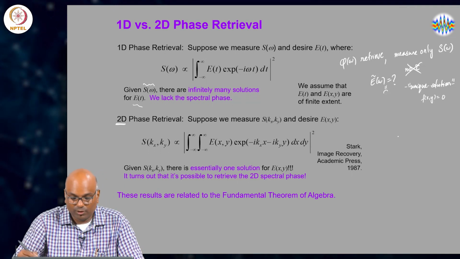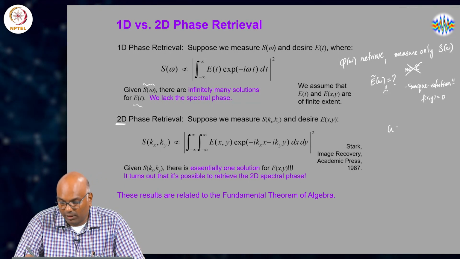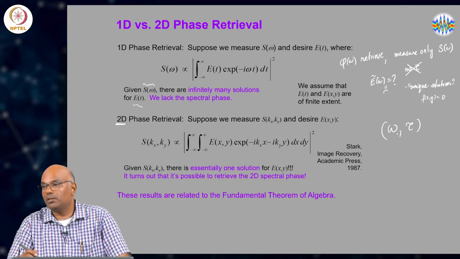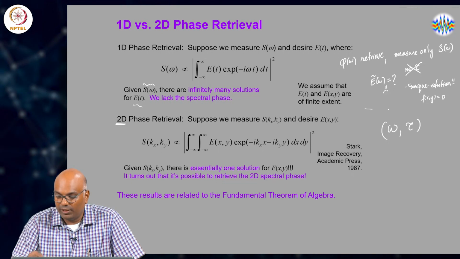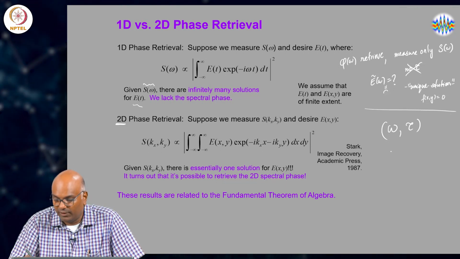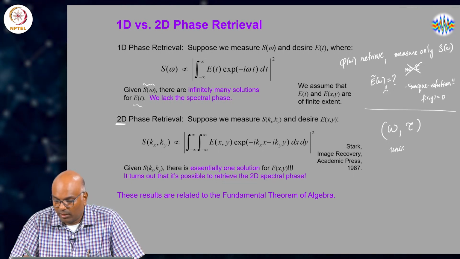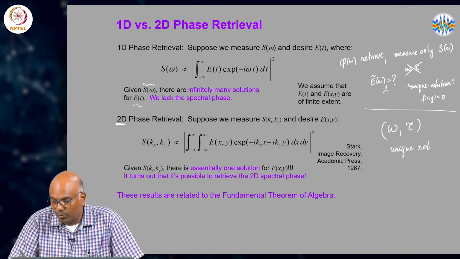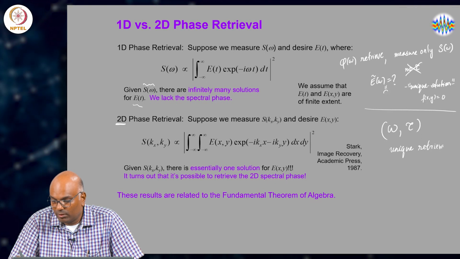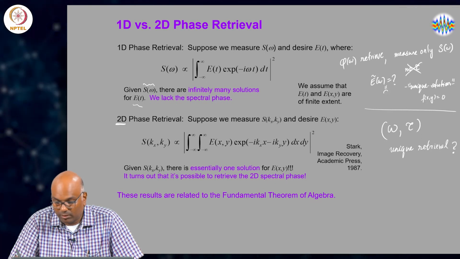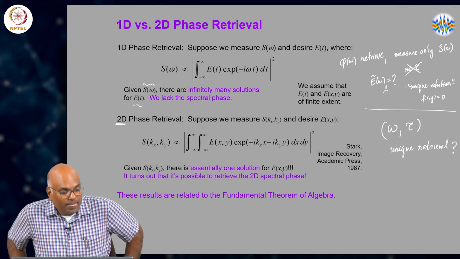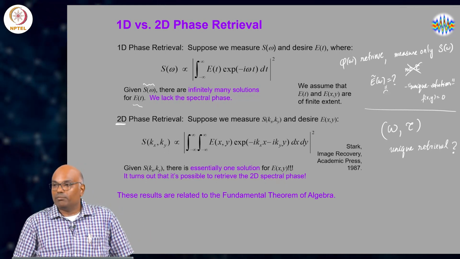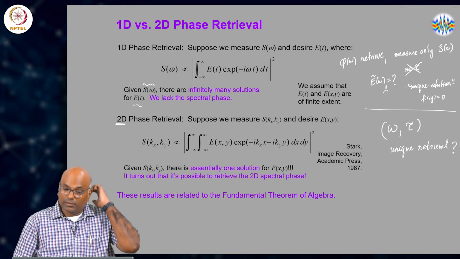We introduced two variables, one is omega, the other is tau. Does this problem have a unique solution in terms of retrieval? Does the 2D problem have unique retrieval?